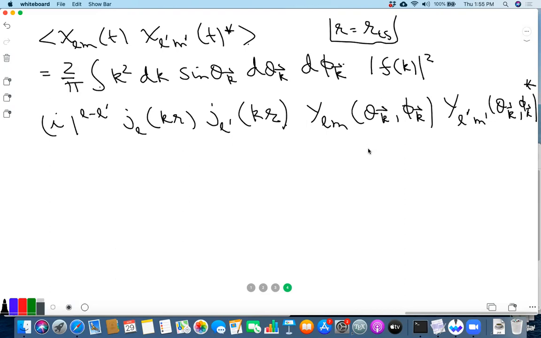Is this clear? And now we are going to use the orthonormality of the Y_LMs to do the theta_k phi_k integral, and you get just delta_LL' delta_MM'.